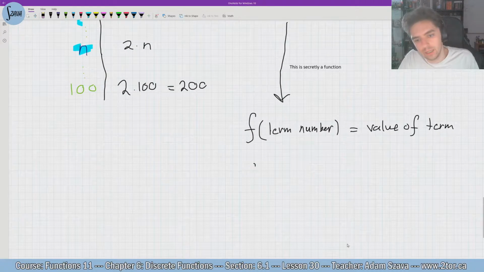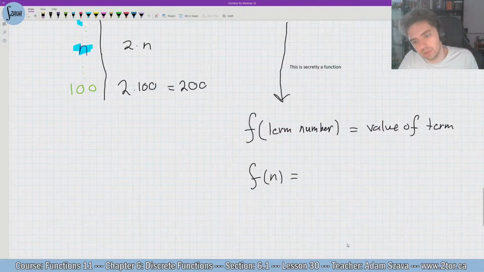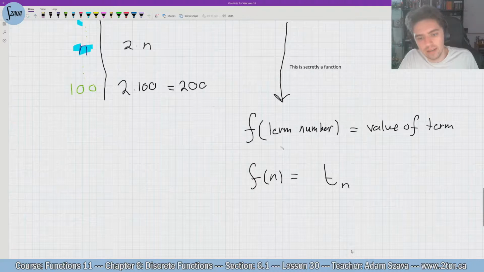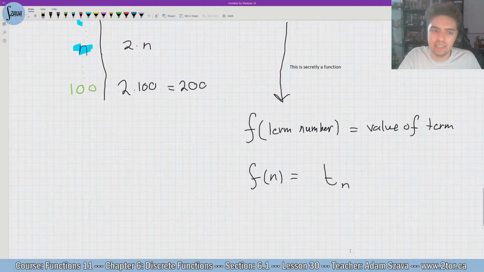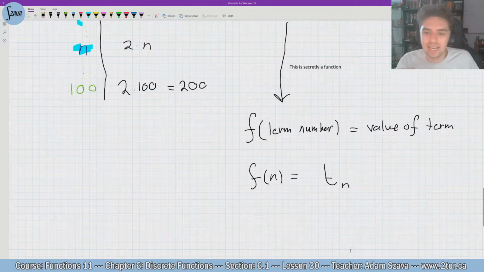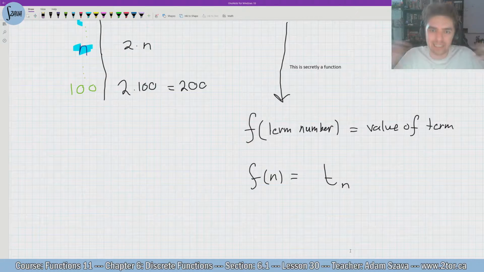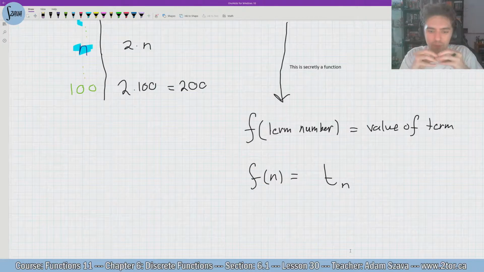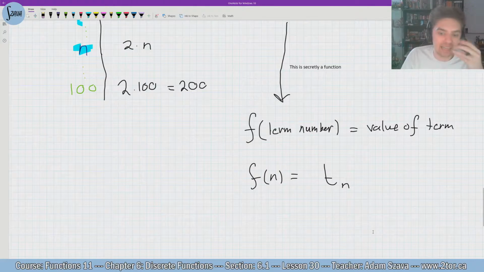In other words, f of n equals Tn. We usually do f of x, and when you say f of x, you're really saying any x value across the whole x line. The x line is like the real line, so it has all the real numbers, every decimal number, every fraction. But when I say n, I particularly mean the natural numbers, or even integers are fine, but whole numbers is what I mean. So when I say f of n, I'm only taking in whole numbers here.